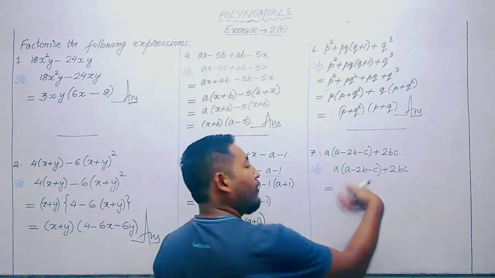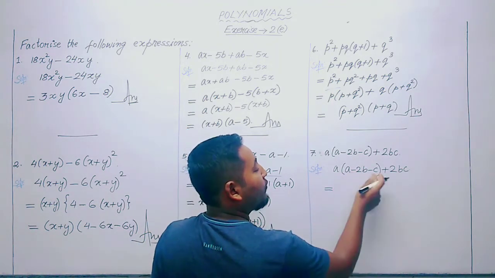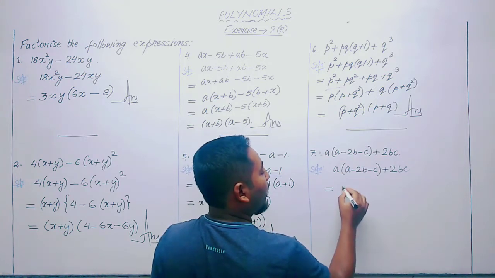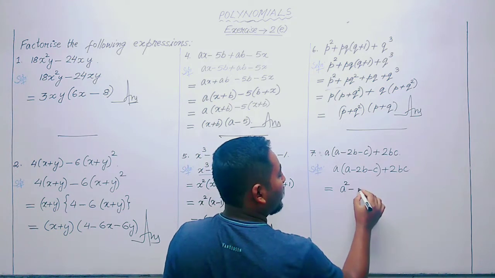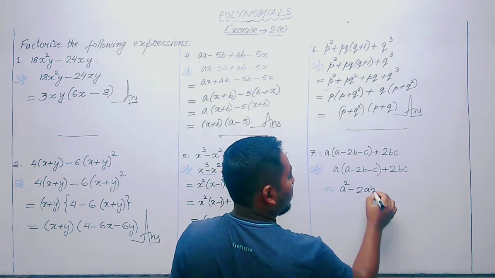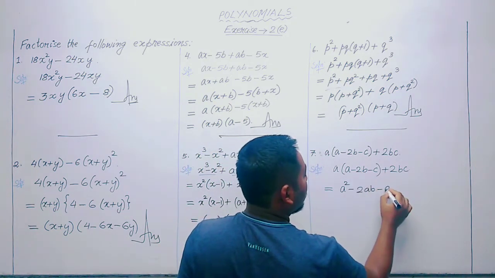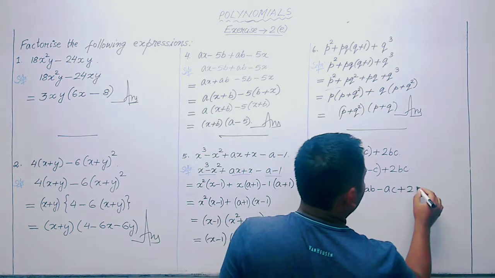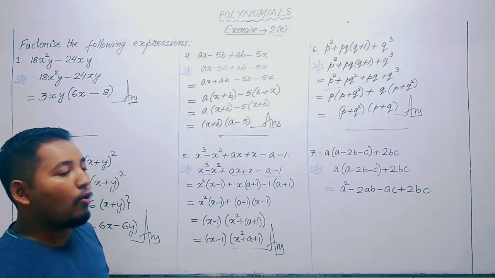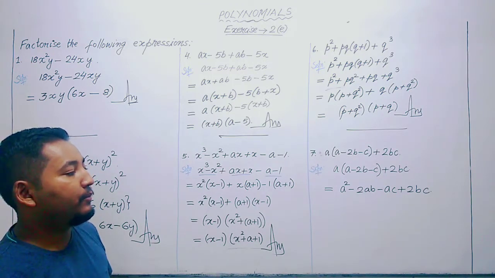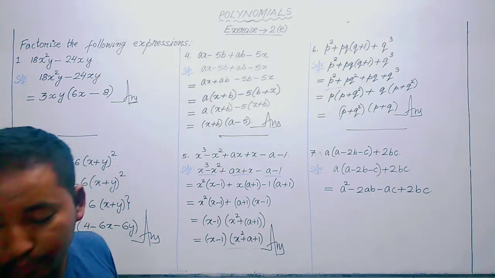But we can find after multiplying individual terms with a into a square minus a into 2b, 2ab minus a into c, ac plus twice bc. Now, what do you observe here?